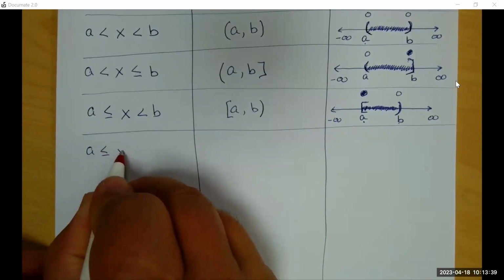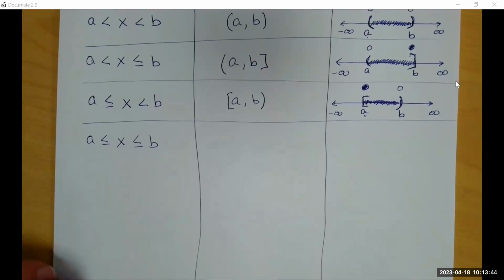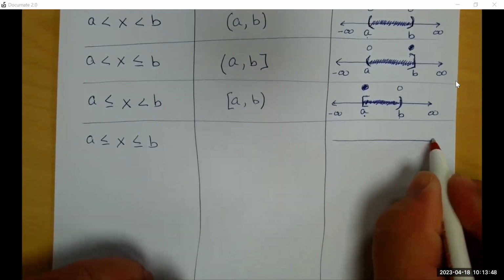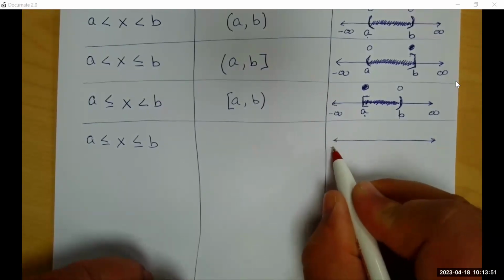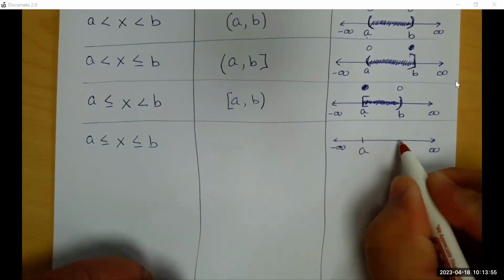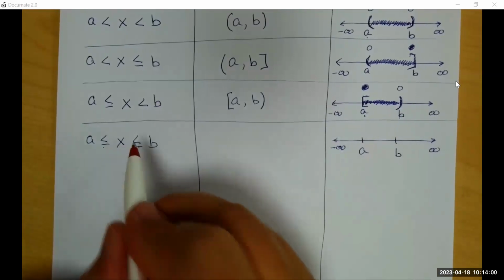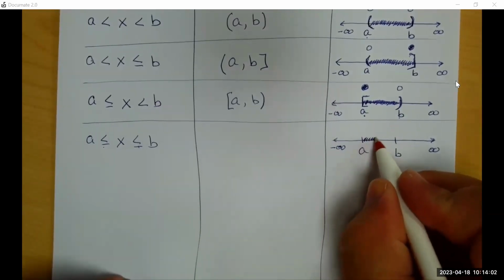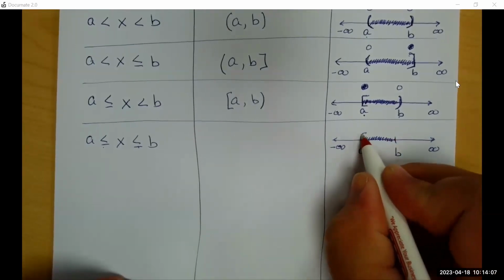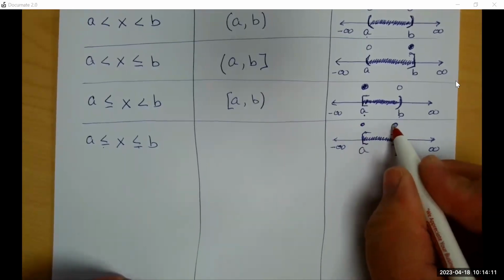A is less than or equal to X is less than or equal to B. Negative infinity to positive infinity, A to B. Since they're both equal, X is between A and B, so that means they're brackets at both ends or solid dots.